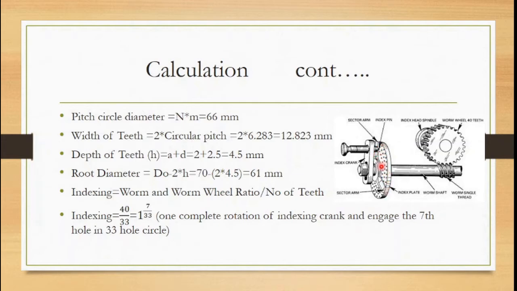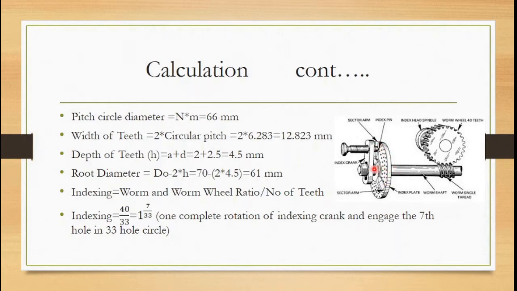You can observe this is one hole circle and this is another hole circle. This is another hole circle. So like this, on this indexing plate we have three different hole circles with different number of holes, and this crank can be rotated and it can be engaged with any of the holes on the indexing plate.